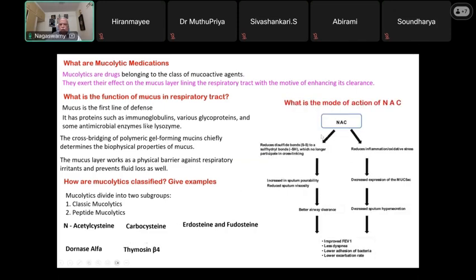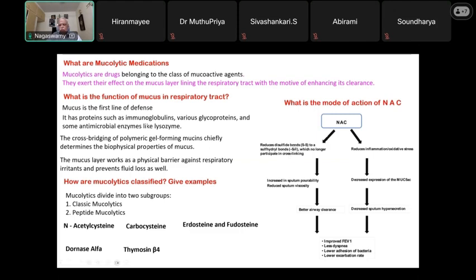What is the mode of action of NAC? This is how it acts. It reduces disulfide bonds to sulfhydryl bonds, preventing cross-linking. Mucus is cross-linked, like your clot during coagulation, where the fibrin has to be ultimately cross-linked to become an unbreakable compound. Cross-linking is a natural phenomenon by which a product can be stabilized or made strong.